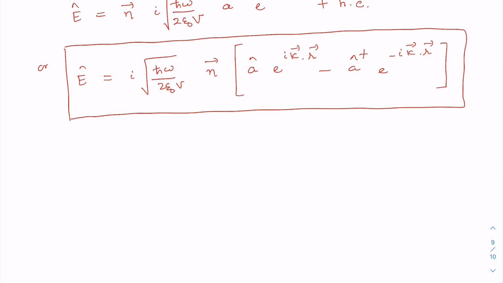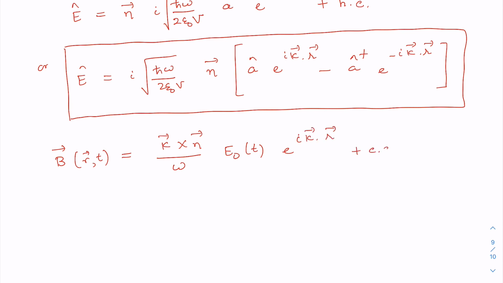And similarly the magnetic field can also be expressed. You recall that the classical magnetic field expression for the single mode that we are considering here was k cross epsilon by omega, E0(t) e to the power i k dot r plus complex conjugate.